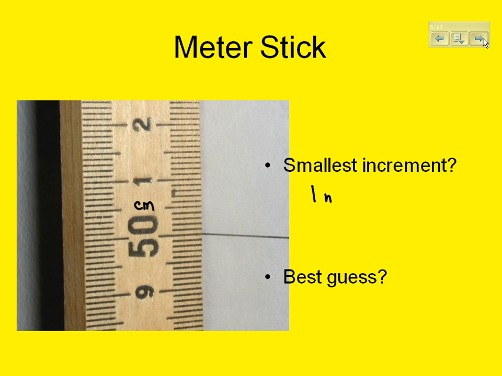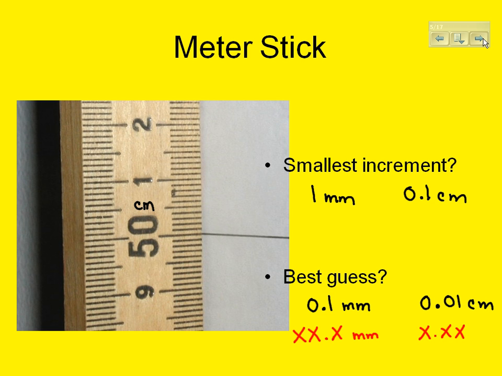It's 1 millimeter or 0.1 centimeters. Your best guess will be 0.1 millimeters or 0.01 centimeters. When using a meter stick, your measurements should be recorded to 1 decimal place when in millimeters and to 2 decimal places when using centimeters.